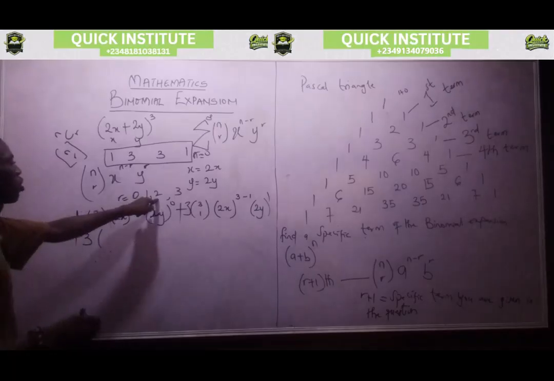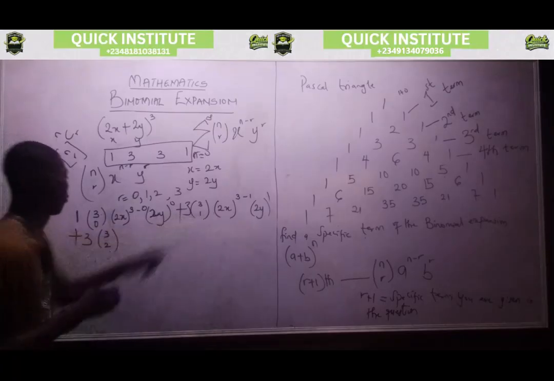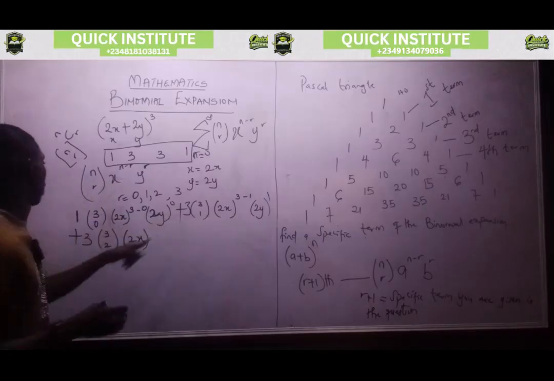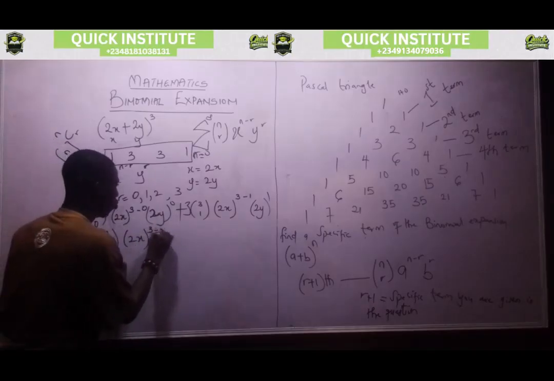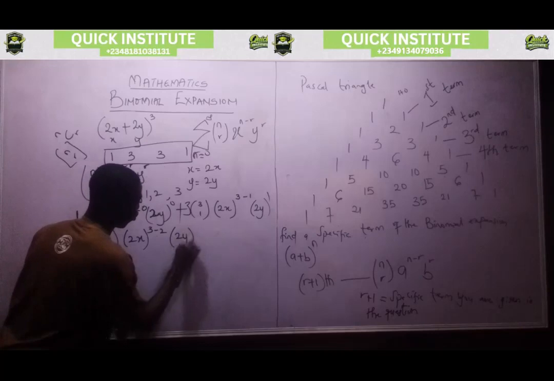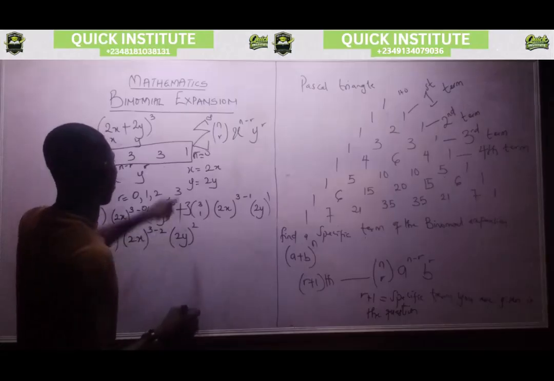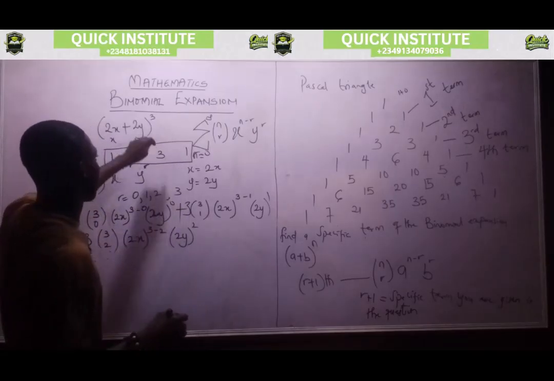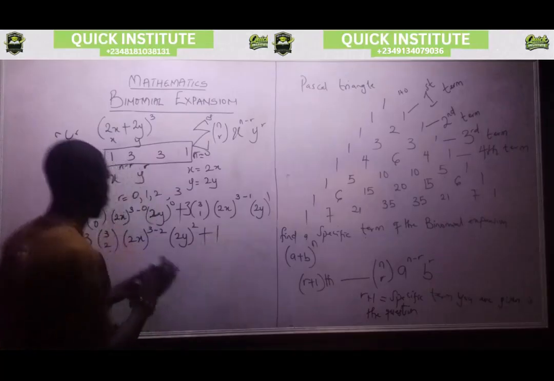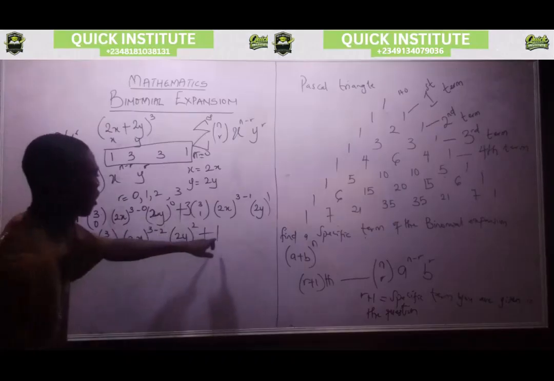So when r equals 2, we have 3 combination 2, 2s to the 3 minus 2, and 2y to the 2. When r equals 3, the Pascal coefficient is 1, so plus 1, which is your final term.